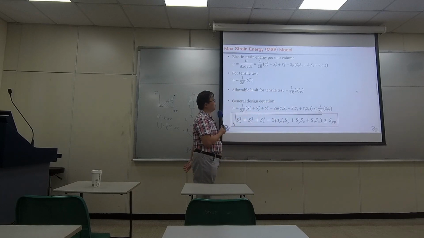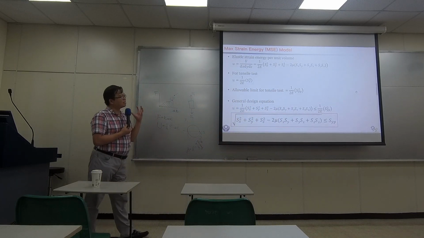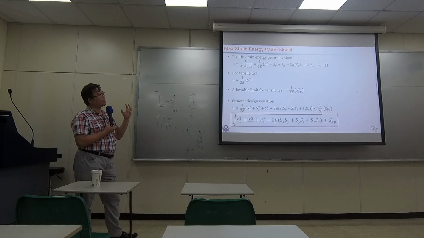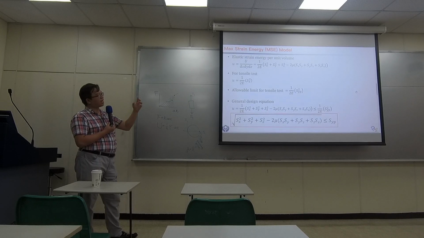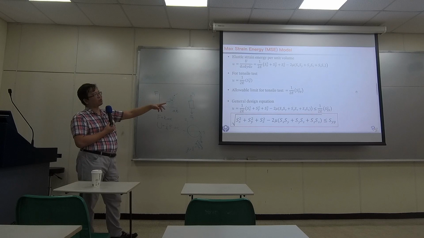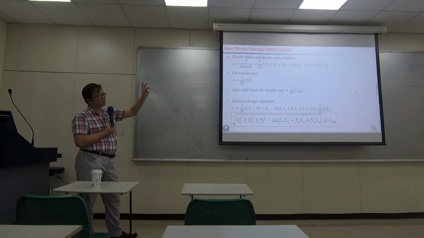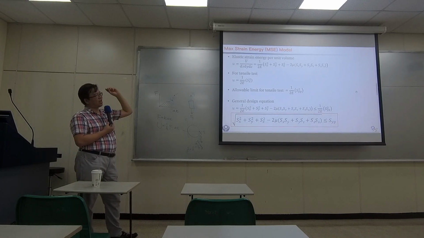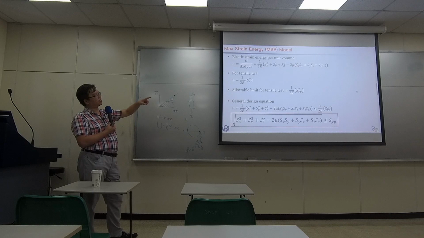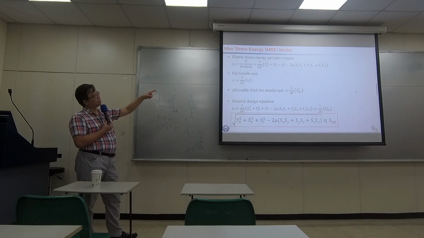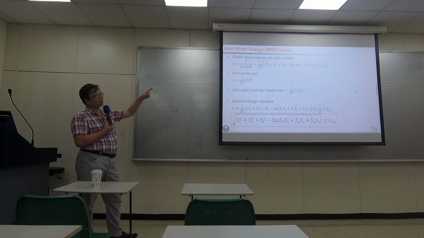So that will be the limit. And we already know that's the limit. It's like a material property. That's a property for any material or metal. That's the upper limit of strain energy per unit volume.